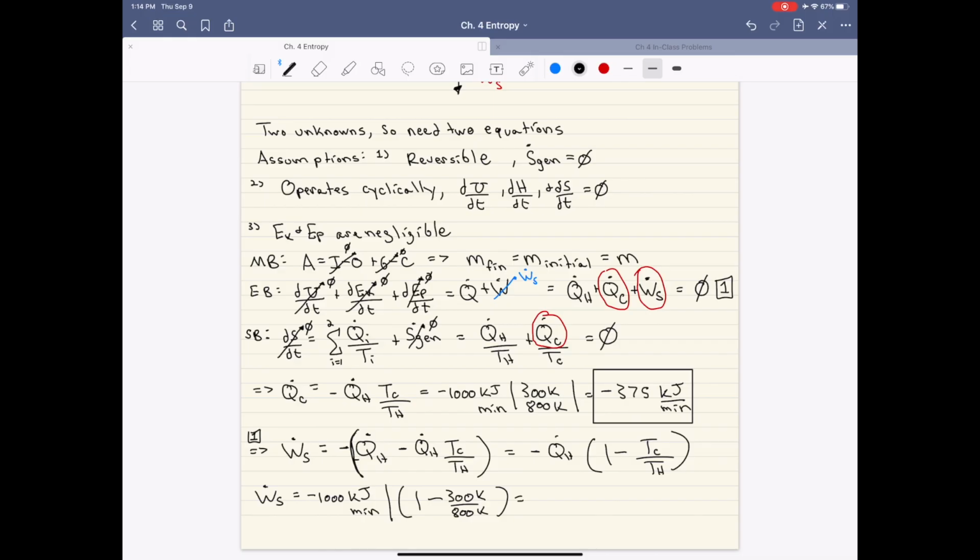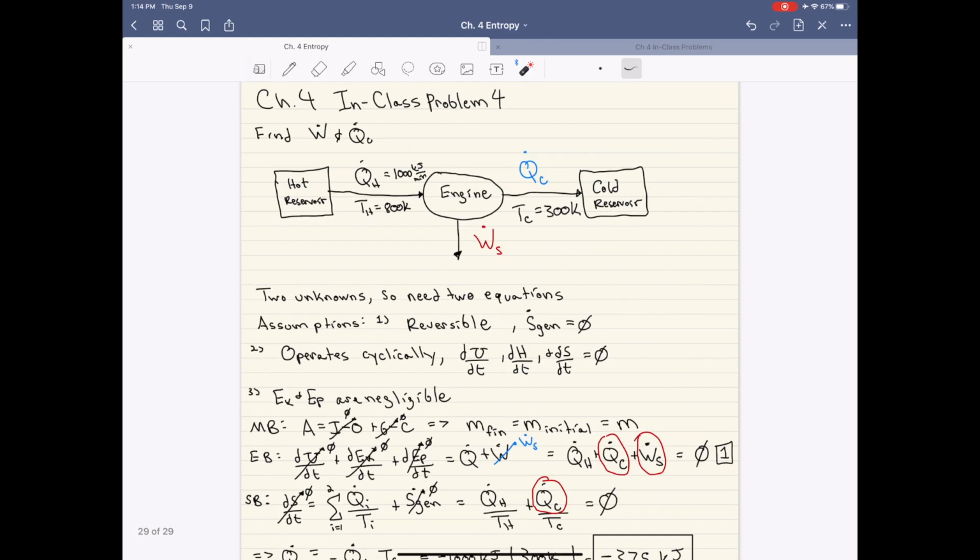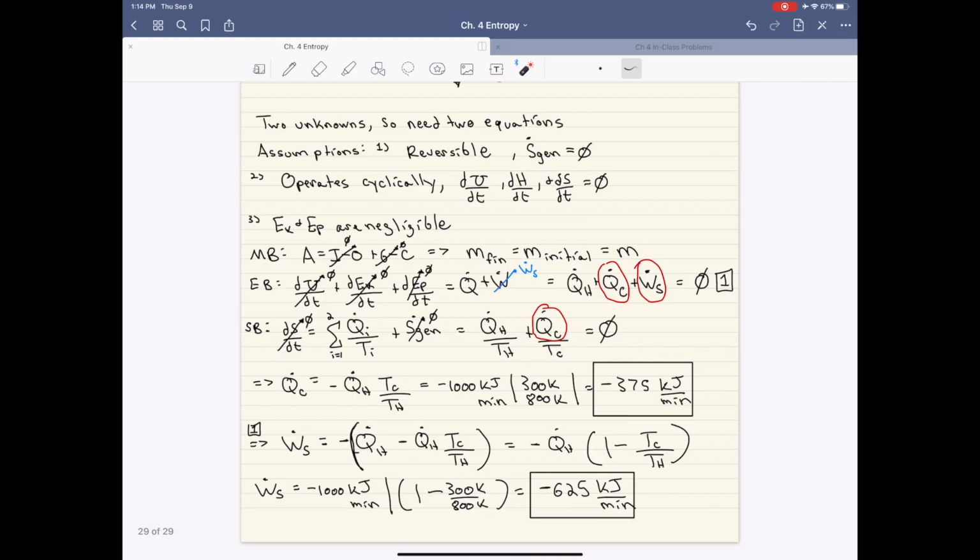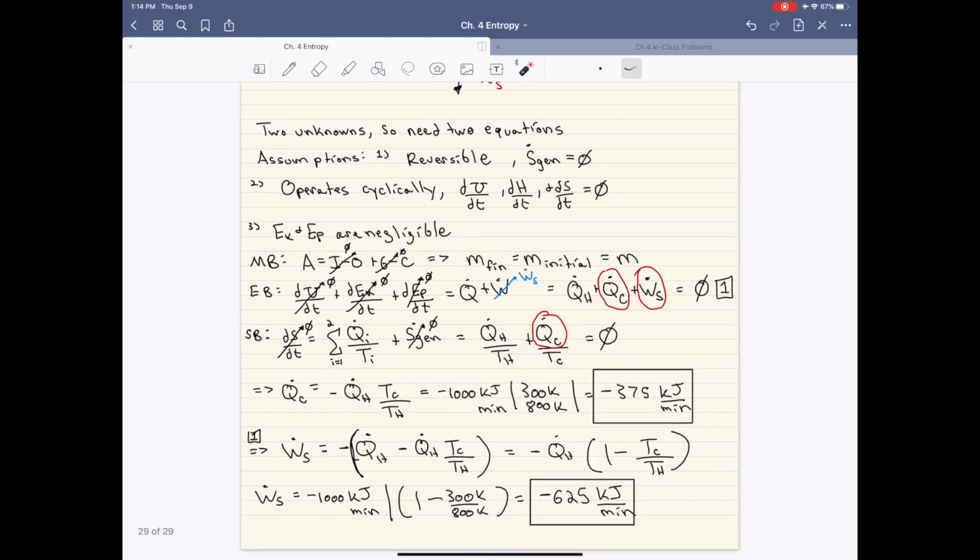And what we get is that shaft work is minus 625 kilojoules per minute. Okay? And once again, this negative sign is important because this tells us that the shaft work is leaving the system, which is what we want. This is work that's leaving the engine. Okay? All right, and so, using a combination of the energy and entropy balances, we could solve for both the heat going to the cold reservoir and the shaft work.